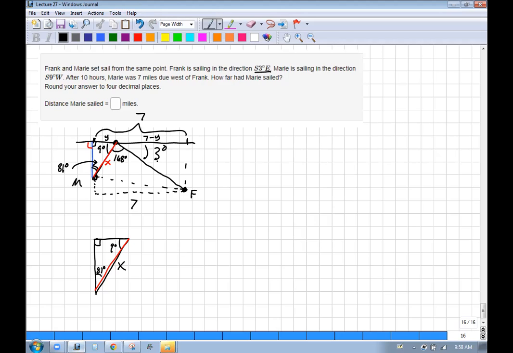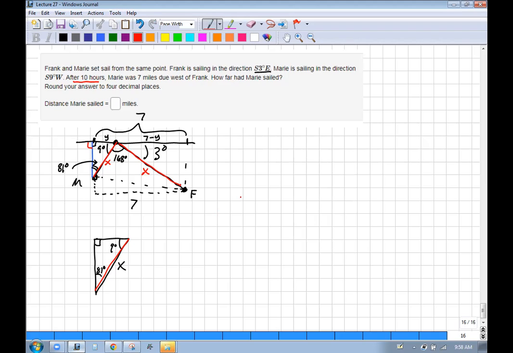Oh, this has to be x as well, because they both started right here and they both sailed the same amount of time.